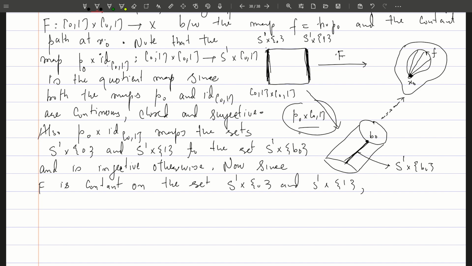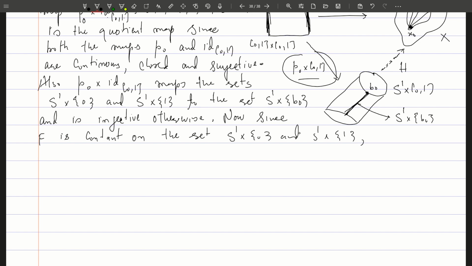Therefore this map f will induce a continuous map, say h, from this cylinder S1 cross interval [0,1] to X over here.